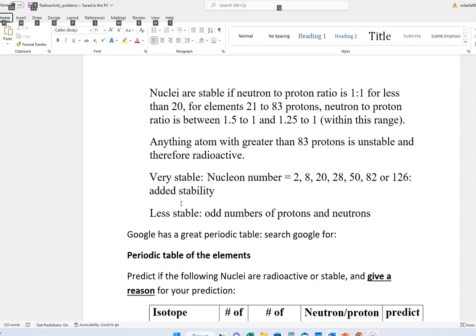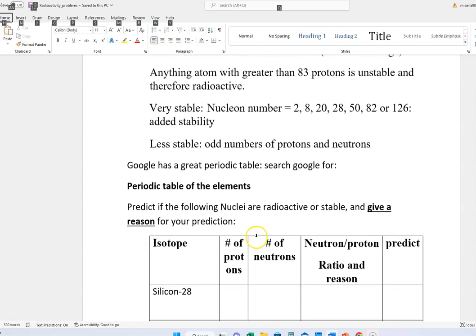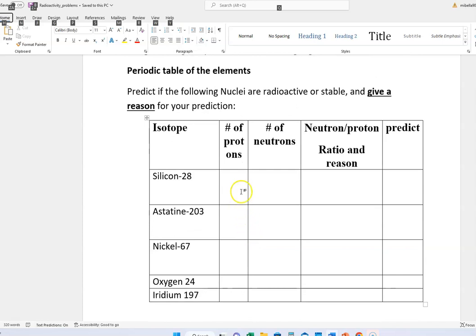All right. So let's do some of these. These are pretty simple. So silicon 28. Let's look at silicon. We've got to figure out the number of protons, the number of neutrons, the neutron to proton ratio, and we're going to predict. So we just look up on the periodic table.